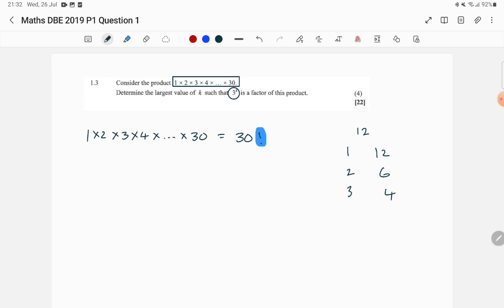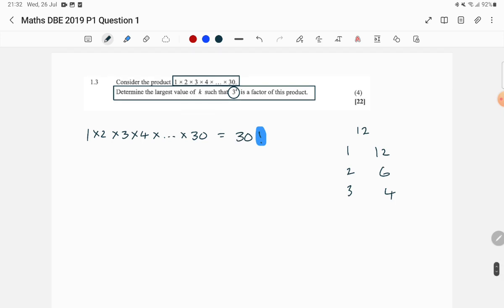So 3 to the power whatever, the largest value of k, multiplied by something should give us 30 factorial. Because they're using 3 to the power k, they want you to only look at the multiples of 3.